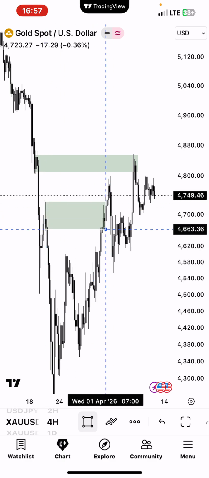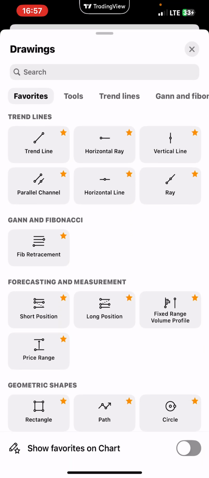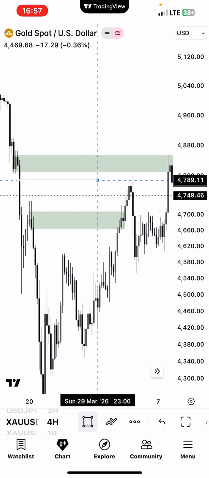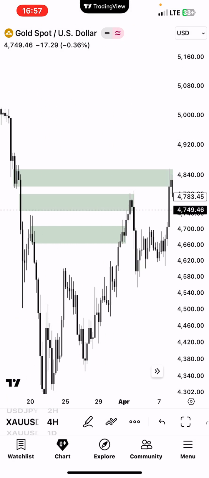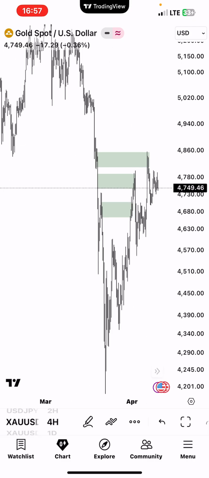I can bet you that there's also another zone here. Mid-market fail. I can bet you that there is actually a zone there that mid-market fail.